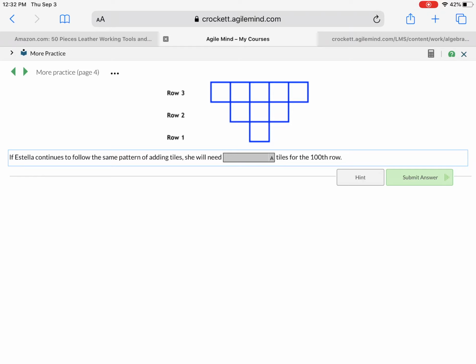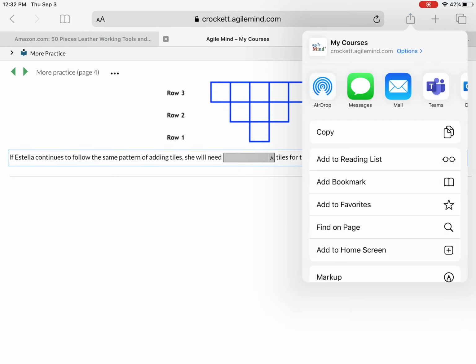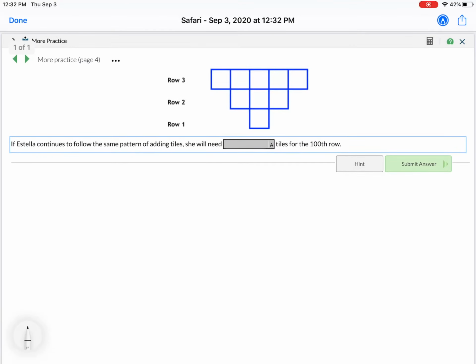All right, number 4. Number 4 says, if Estella continues to follow the same pattern of adding tiles, she will need blank tiles for the 100th row. So you're going to have to know 3 things. You're going to have to know the first term.